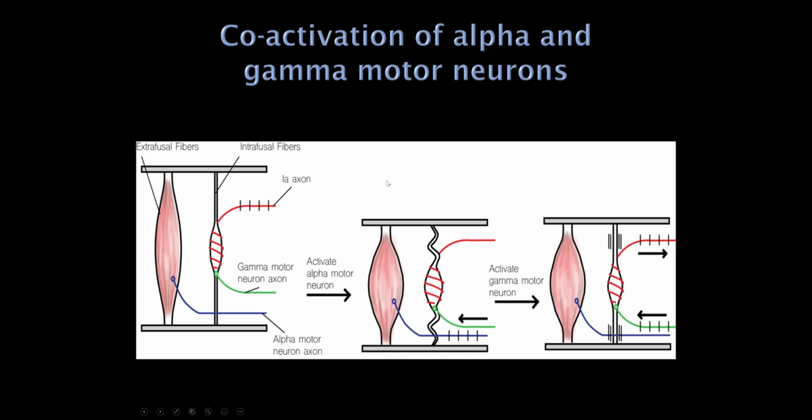And so every time you contract a muscle, okay, the gamma motor neurons, now here we can see activation, need to contract in parallel. So now your biceps is contracted and the gamma motor neurons have contracted your muscle spindle. That's called co-activation of alpha and gamma motor neurons.